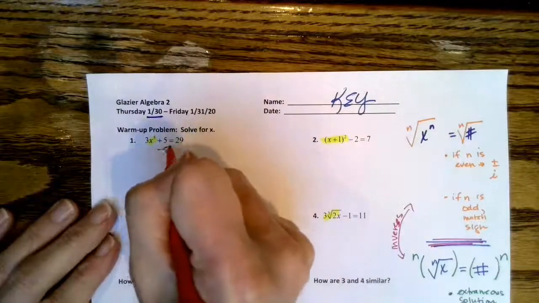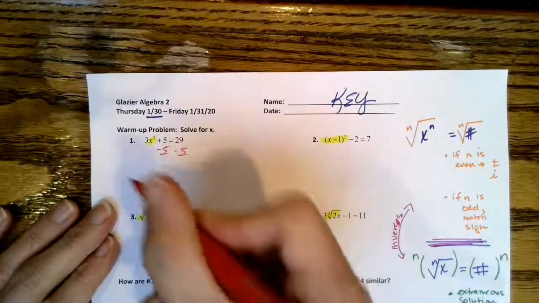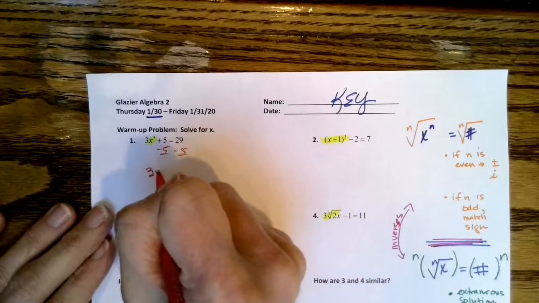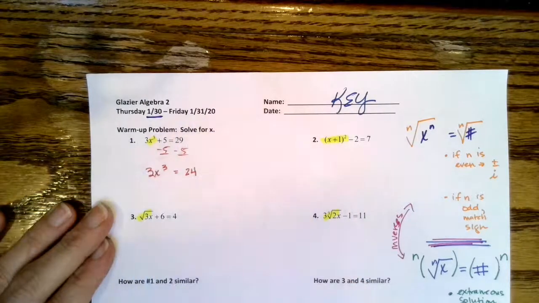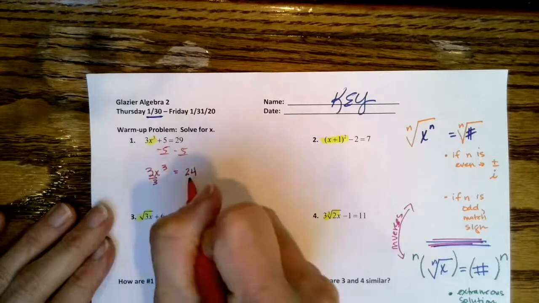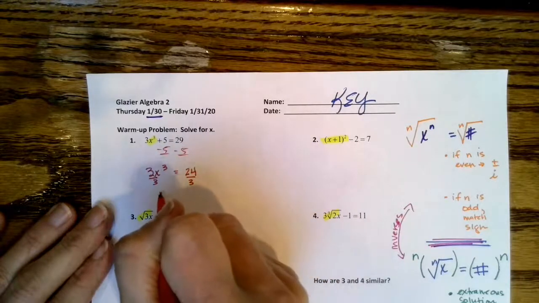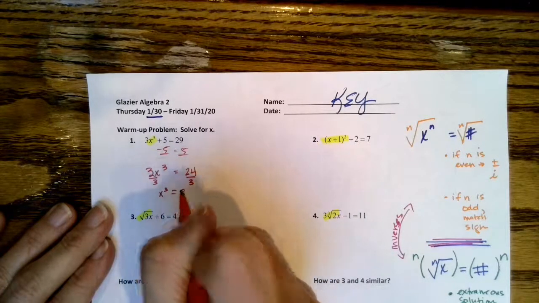We're going to subtract 5 from each side, and that's going to leave me with 3x cubed is equal to 24. Divide by 3, divide by 3. So x cubed is equal to 8.